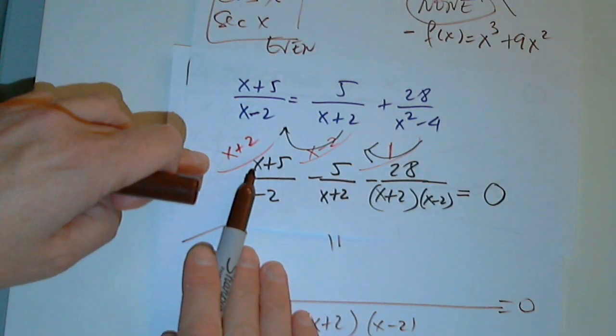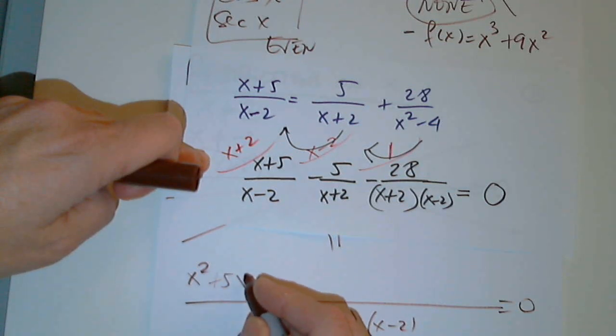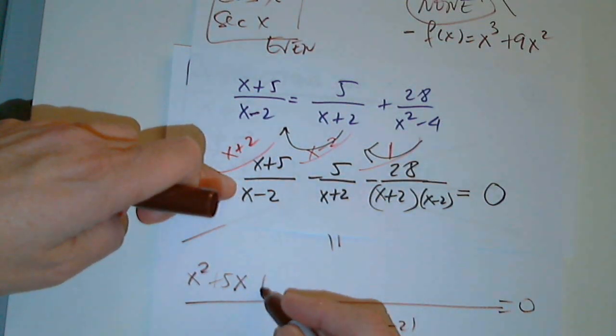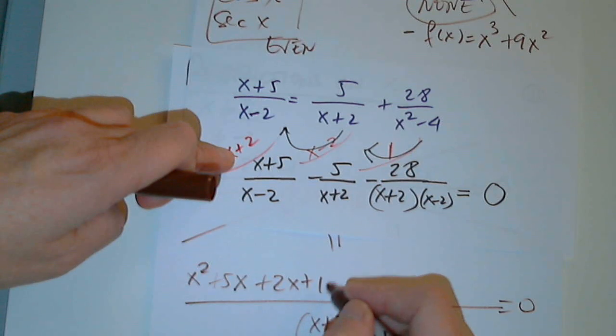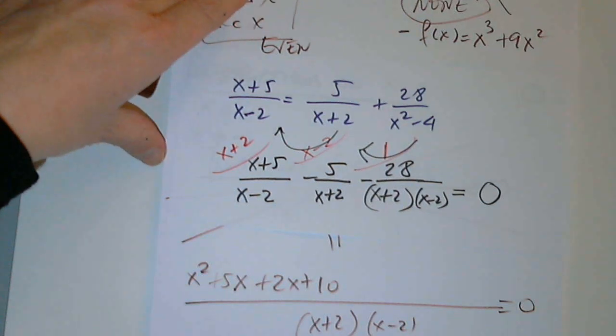So x times x, x squared, x times 5, 5x, 2 times x, 2x, and plus 10. You have to do this anyway. If you write an intermediate step or you don't, you still have to write this step. So I'm trying to avoid that possibility.